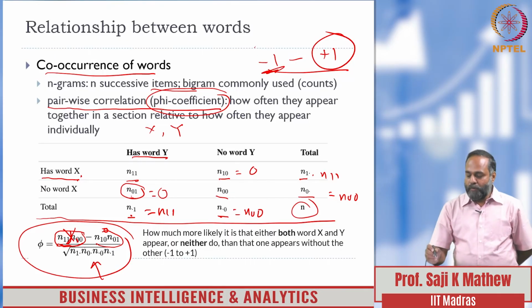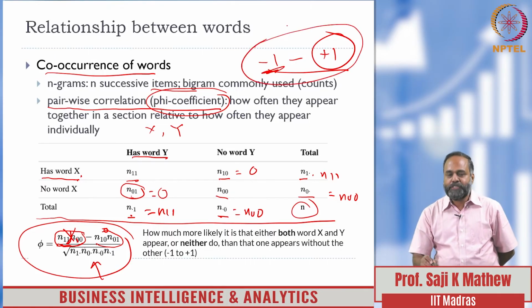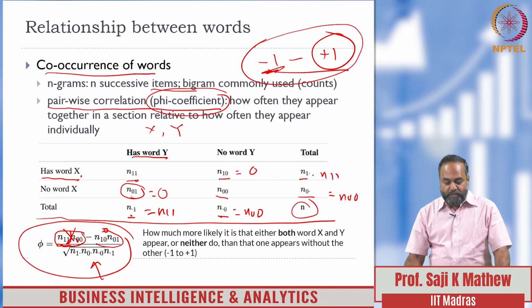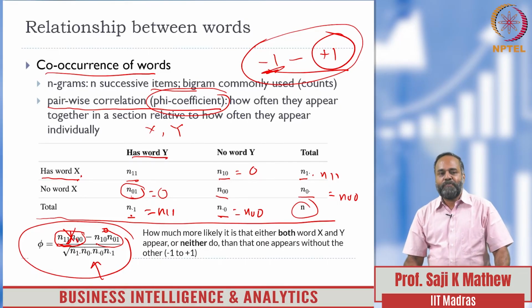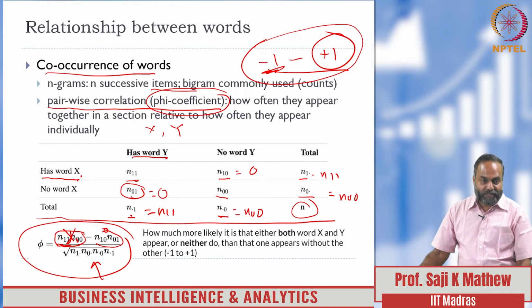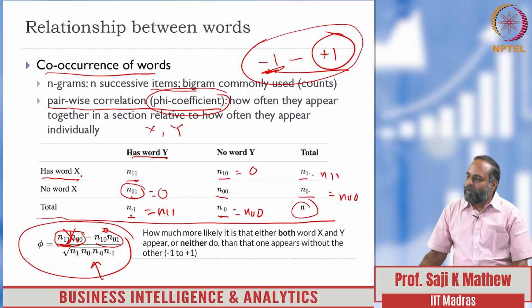So, phi coefficient is a measure of correlation between a pair of words, and it varies from -1 to +1. +1 indicating they always occur together, -1 indicating they never occur together.